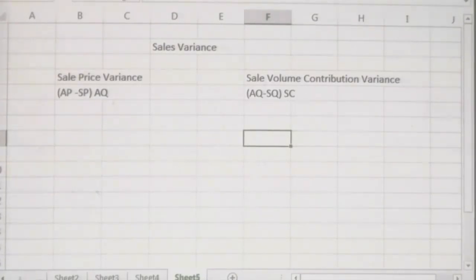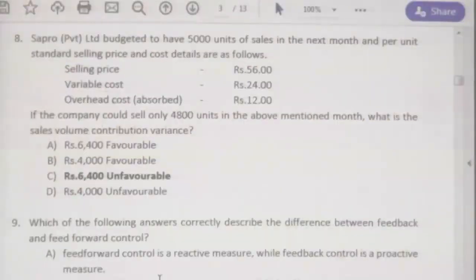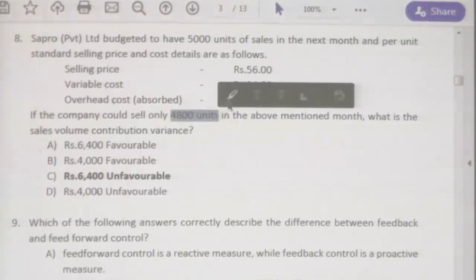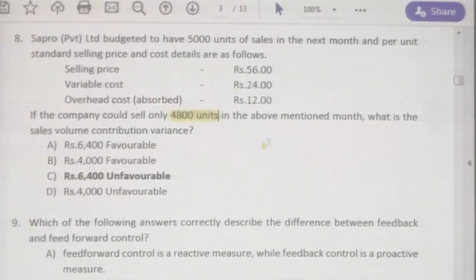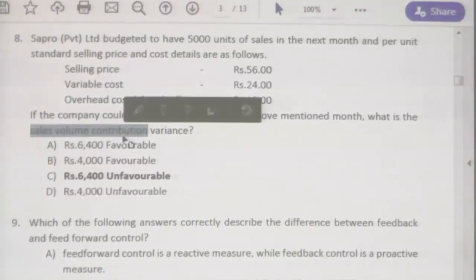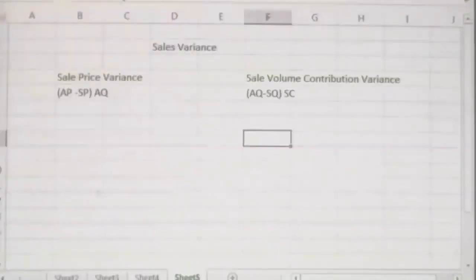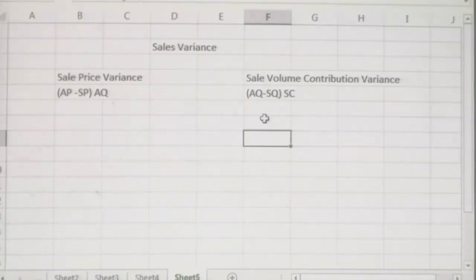Now let's see the question. The question asks: if the company could sell 4,800 units, actual sale of 4,800 units in the above mentioned month, what is the sales volume contribution variance? They ask about sales volume. Let's apply the information here. We need actual quantity, standard quantity and standard contribution.